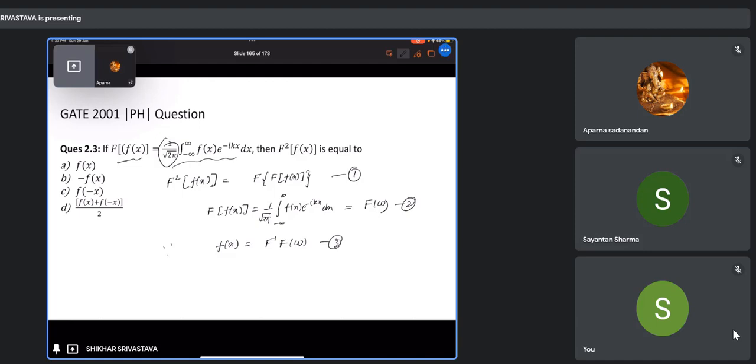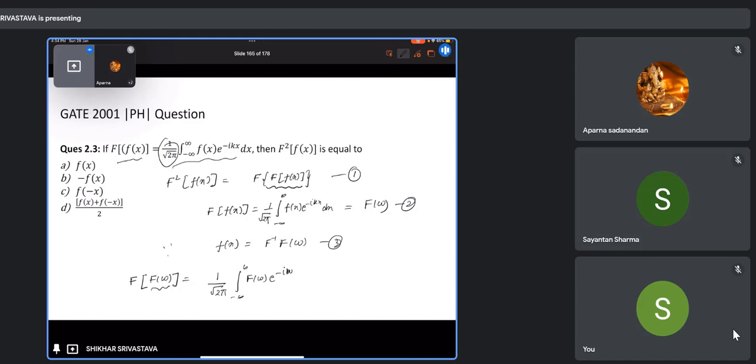Now we'll use equation 2 in equation 1, substituting this with f of omega. The Fourier transform of any function is 1 by root 2 pi, minus infinity to infinity, of the function f of omega exponential minus i omega x.